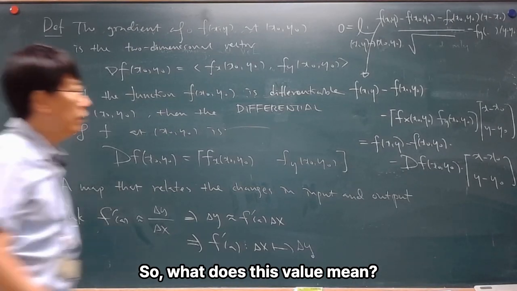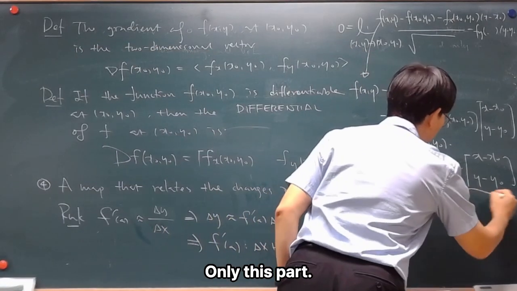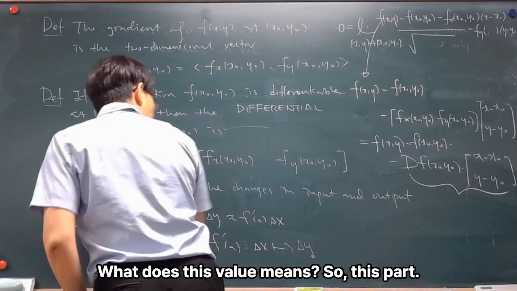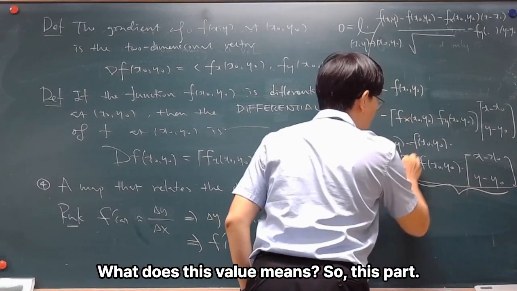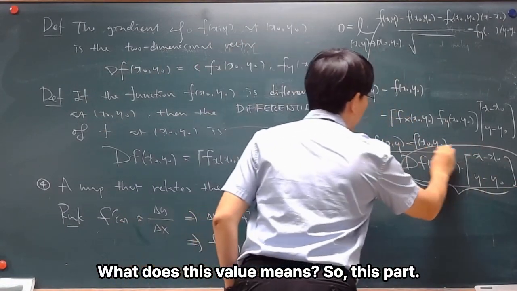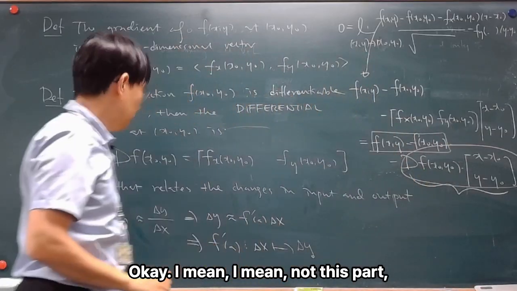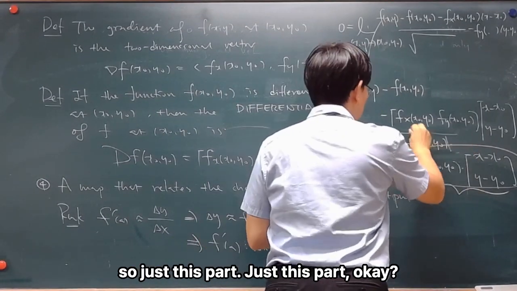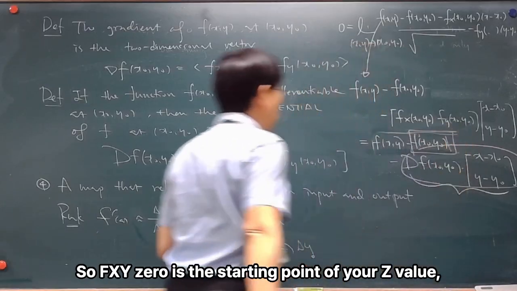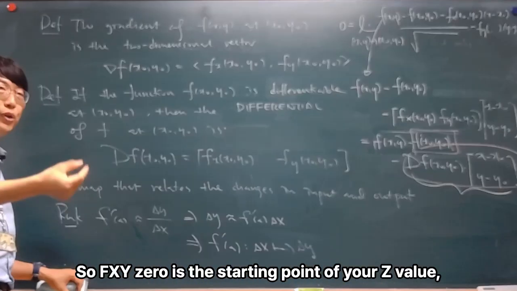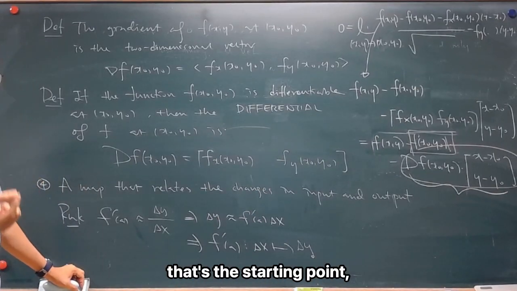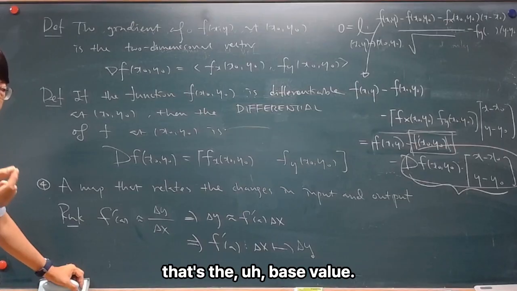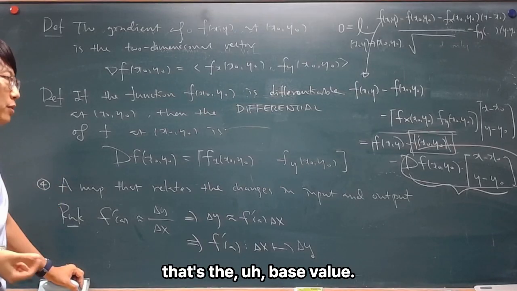So what does this value mean? Only this part. f(x0, y0) is the starting point of your z value. That's the base value.